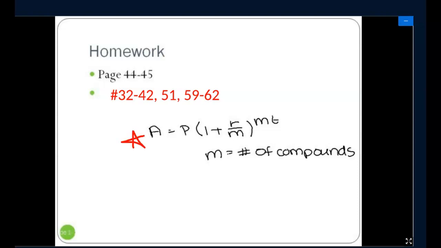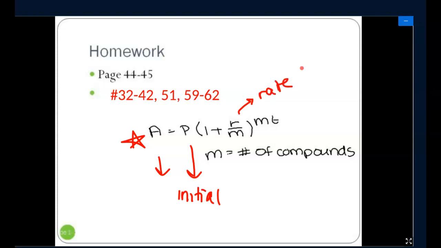I did write down this equation because I believe you need it for one of the problems. So this equation is a compound interest formula where A is what you acquire, P is your initial investment, R is the rate as a decimal.